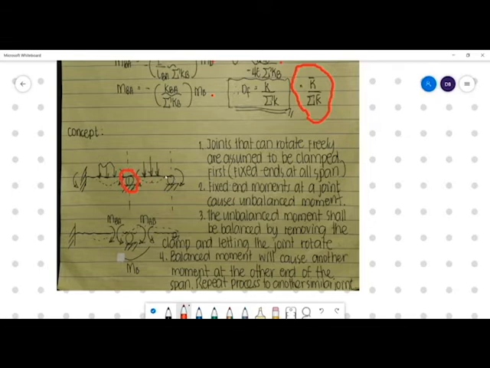So paulit-ulit lang 'yan hanggang all moments na meron tayo are balanced na. Okay? So somewhat it's easier for me to explain to you by trying to visualize it through the use of the slope deflection method.